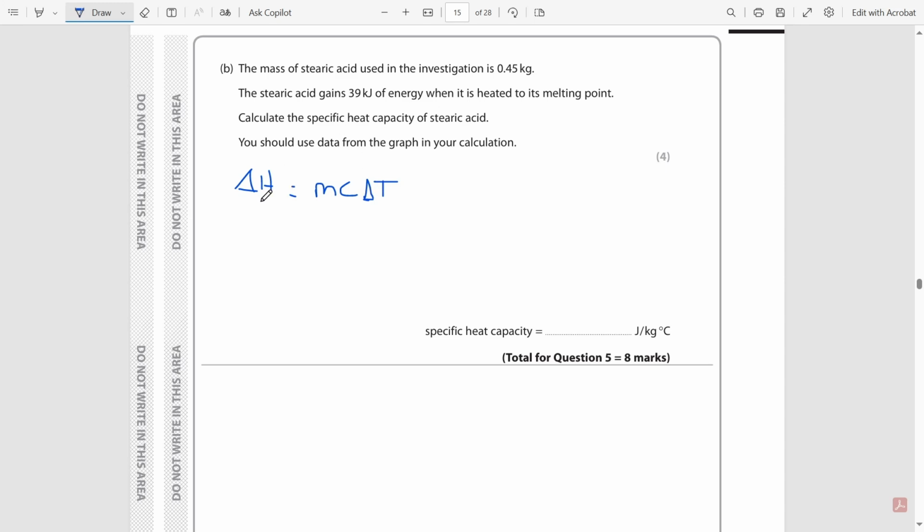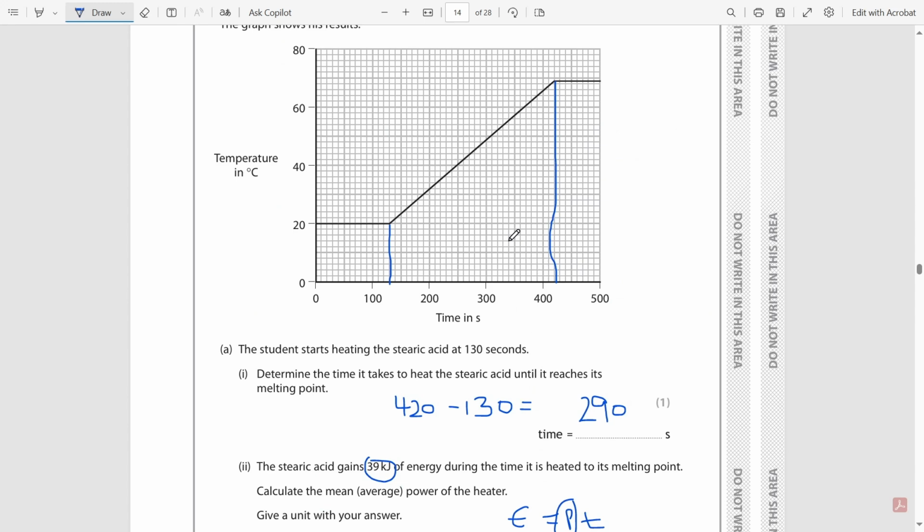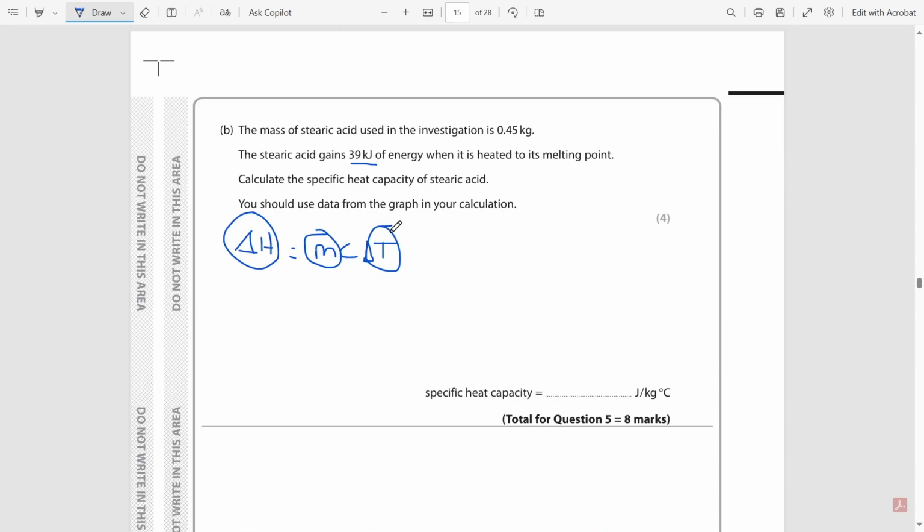So we have this. We're trying to find the specific heat capacity. What's our temperature? Here. That's our temperature. Okay. So we're going to do C equals 39,000 over mass, which is 0.45 kilograms.